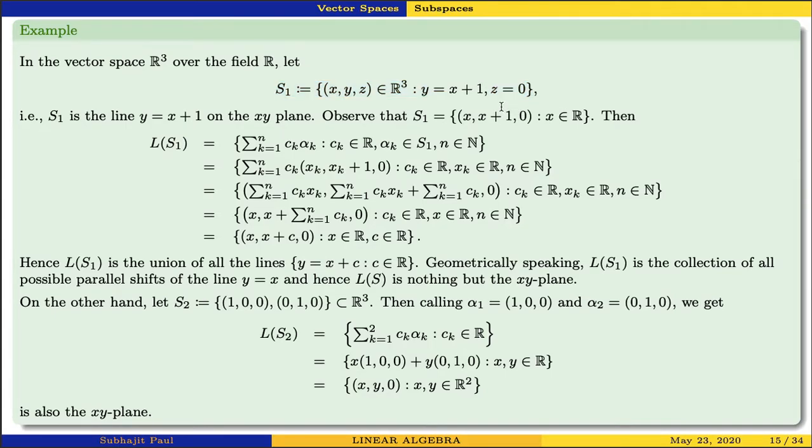What is this? This is nothing but the line y equal to x plus 1 on the xy plane, on the z equal to 0 plane. So this is just the line y equal to x plus 1 on the xy plane, and we are talking about this entire thing in R3.